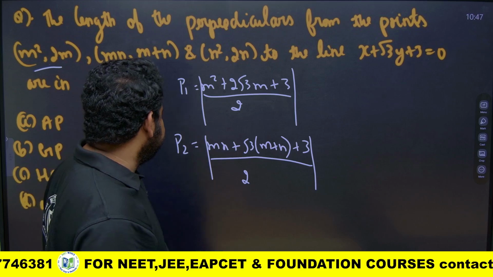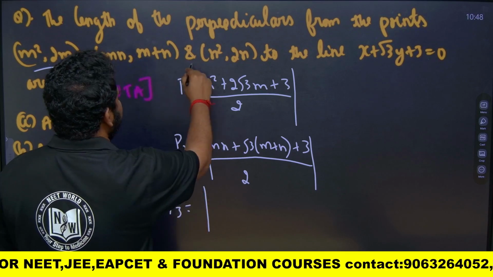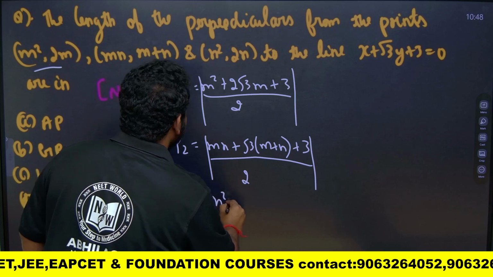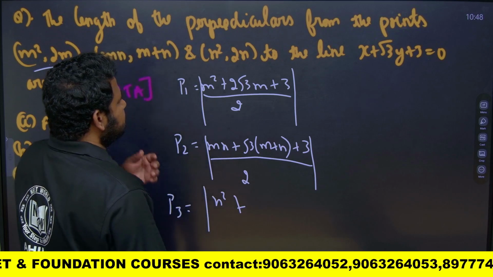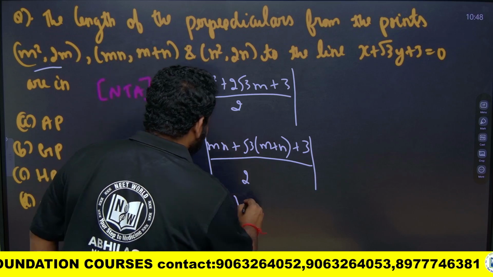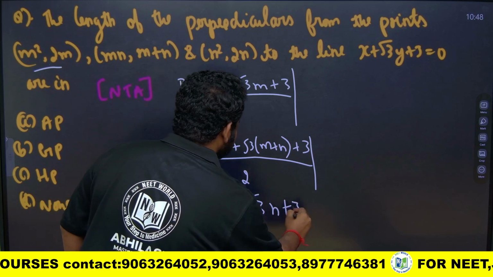Now, let us see P3. What is the value of P3? You have to put these values: n square plus 2n, n square plus root 3 into 2n, that is 2 root 3 n plus 3, divided by 2.